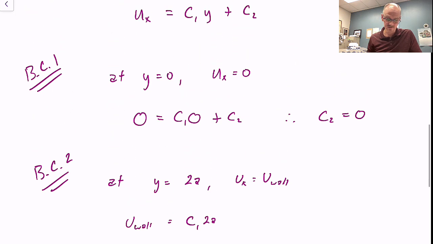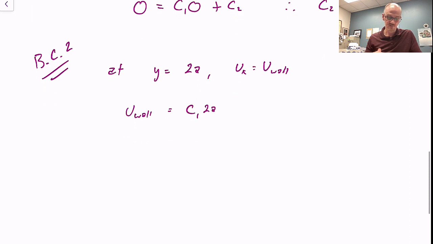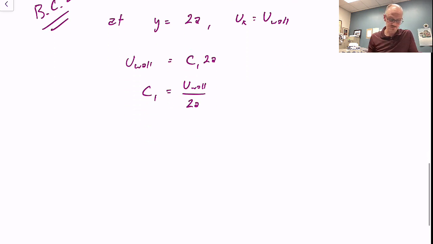Oh, by the way, that's because this right here is the equation that we brought down after C2 went to 0. We can plug our new boundary condition terms into that equation. U wall is C1 times 2a, and therefore we can write that C1 equals U wall divided by 2a, doing a slight bit of algebra.